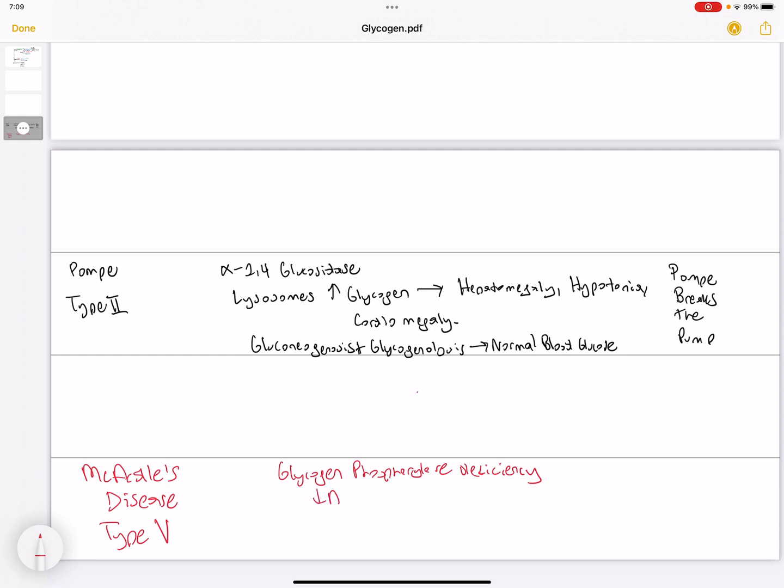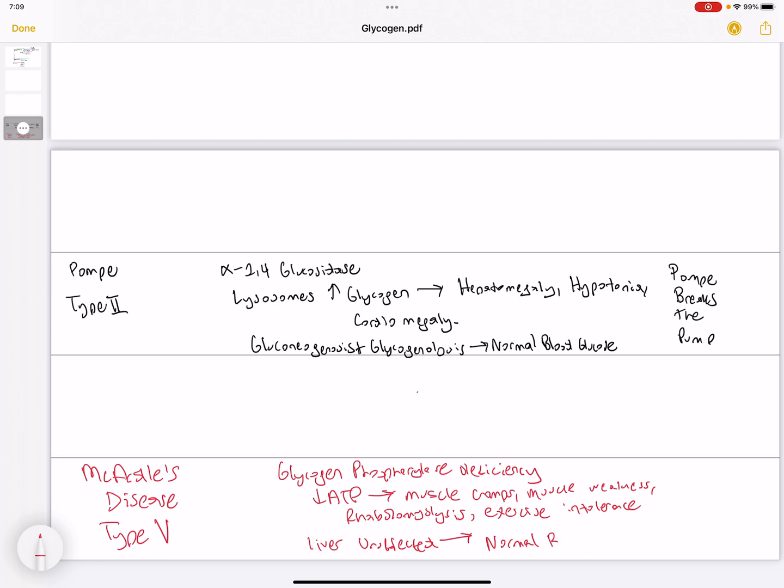We'll have less ATP, which will result in muscle cramps, which is going to also present with muscle weakness, can have rhabdomyolysis, as well as exercise intolerance. And as we said, because the liver is relatively unaffected, we will have normal blood sugars because we will still have gluconeogenesis functioning.